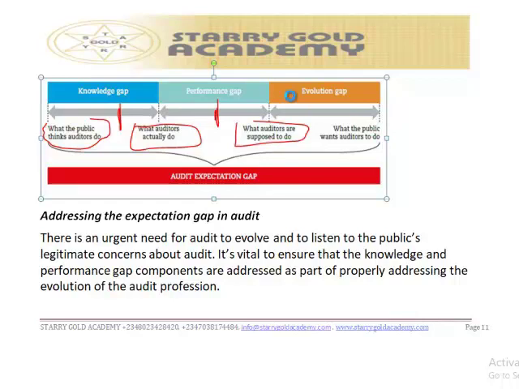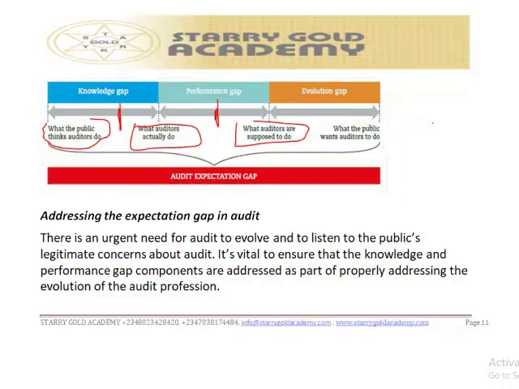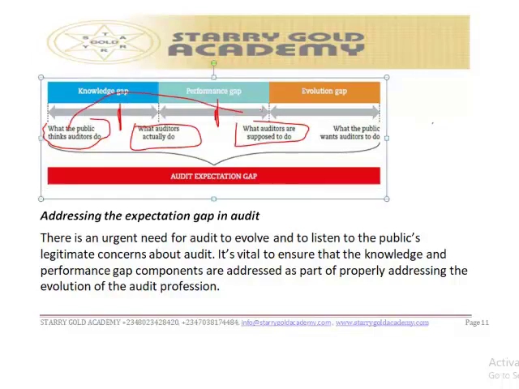Now, looking at the future, there should be an evolution gap, more like the auditor trying to satisfy here, and as such, what auditors are required to do will not be here. Have you seen it?